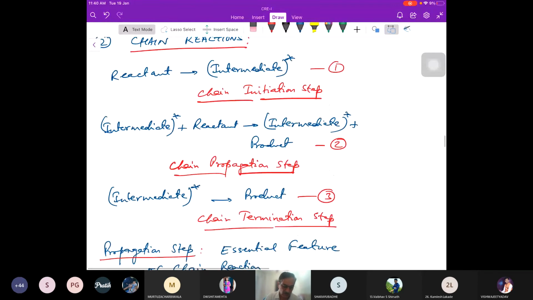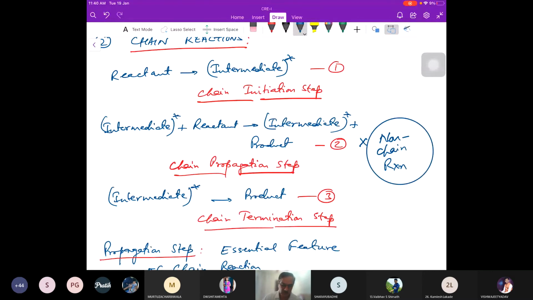And in the third step, the intermediate decomposes to give product, which is the chain termination step. So if you compare non-chain and chain reaction, what is the difference? Sir, in chain, product is formed in two steps. In non-chain, this is missing, right?